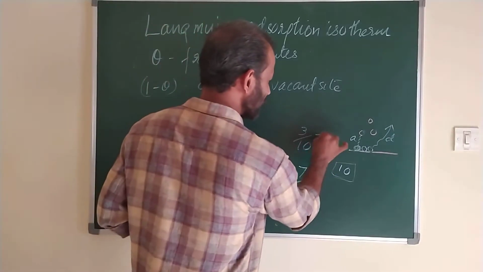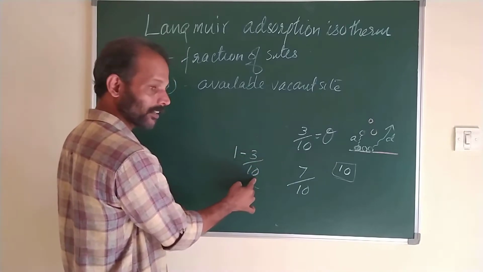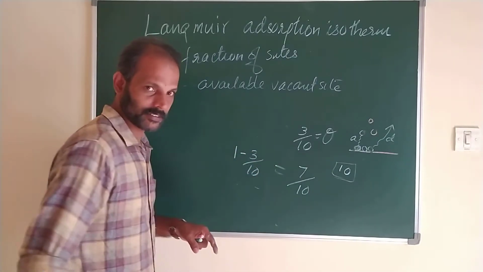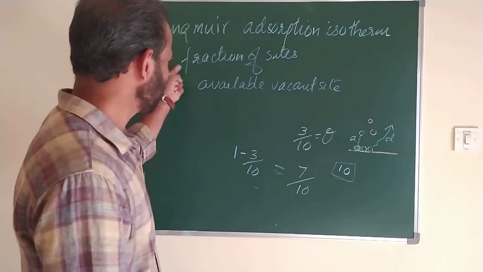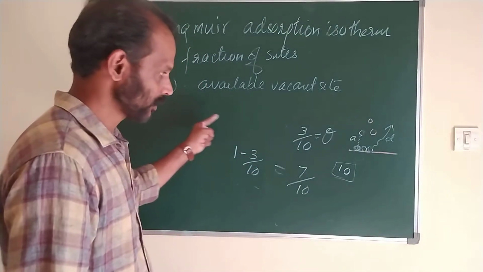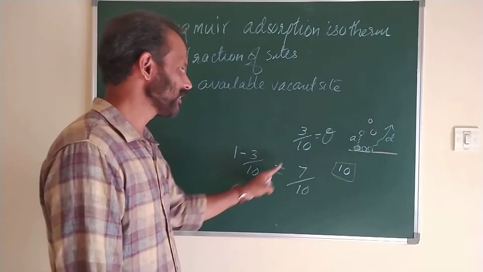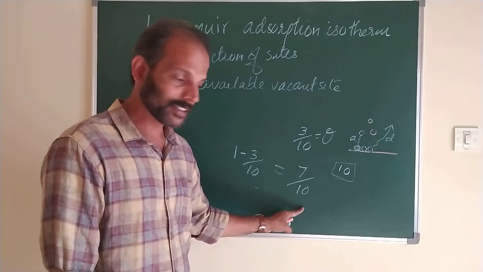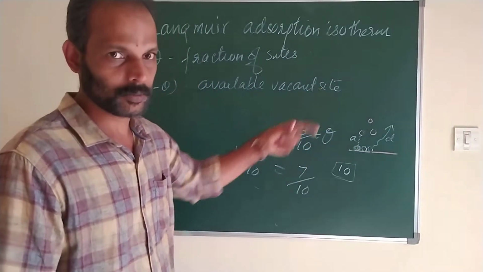Suppose this is the fraction occupied, theta, then obviously this is 1 minus 3 by 10. What is that? 7 by 10. Directly we can calculate, but mathematically we need this equation. So if 3 by 10 is theta, then 1 minus 3 by 10, that is 1 minus theta, is equal to 7 by 10, that is the vacant site available for further adsorption.